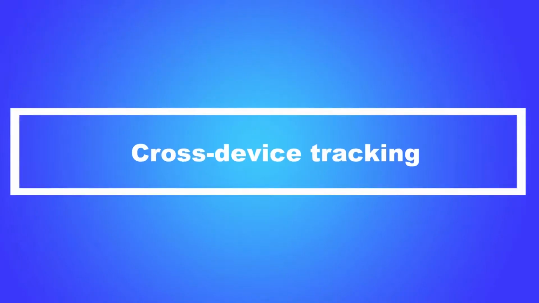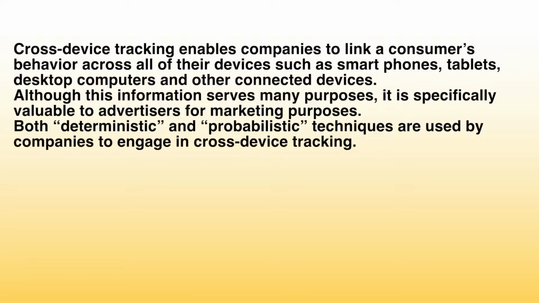Cross-device tracking enables companies to link a consumer's behavior across all of their devices, such as smartphones, tablets, desktop computers and other connected devices. Although this information serves many purposes, it is especially valuable to advertisers for marketing purposes. Both deterministic and probabilistic techniques are used by companies to engage in cross-device tracking.